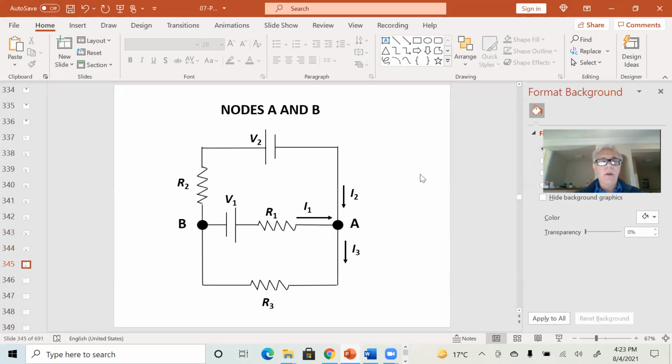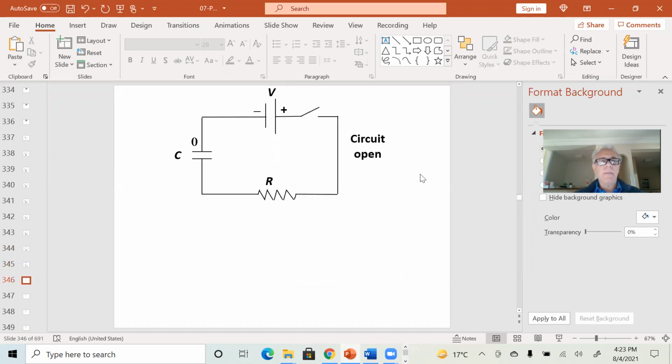That's the whole secret of the whole thing. I have all the nodes A and B here and so on, and then what I did here in the PowerPoint.